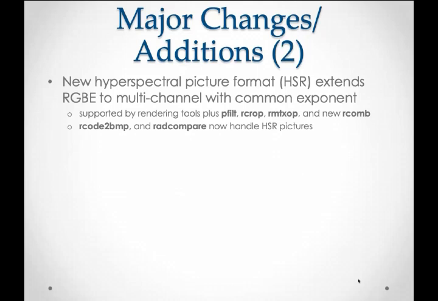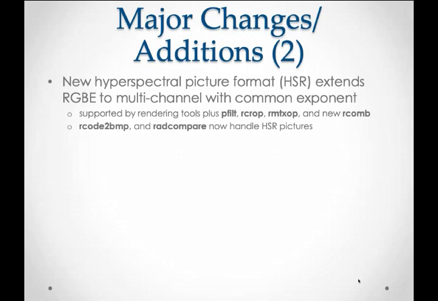So the output from RTPict with the -CO plus is a hyperspectral picture format, which we're using the HSR suffix for, which extends the common exponent of RGBE to up to 24 channels in the default configuration.